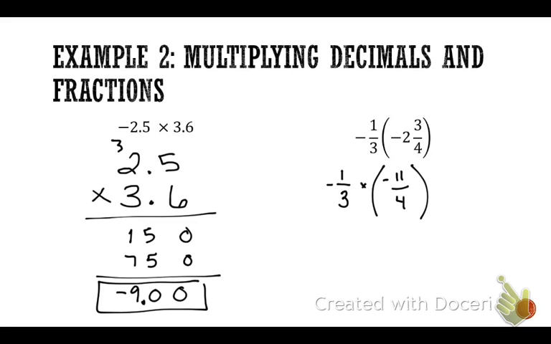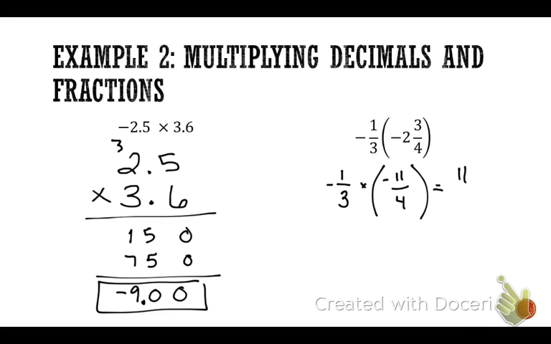Okay, that's the only reason the parentheses are there. All right, is there anything I can cross-reduce? I just need to multiply these fractions. Is there anything I can cross-reduce? No, so I'm going to multiply. Okay. What is negative 1 times negative 11? 11. Is it positive 11 or negative 11? Positive. It is positive 11.